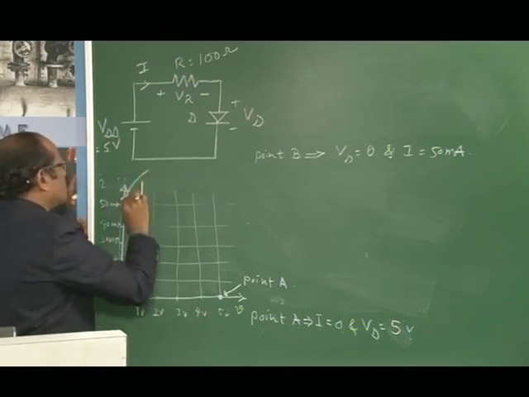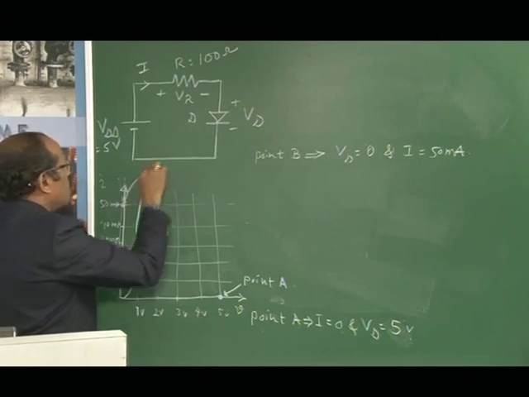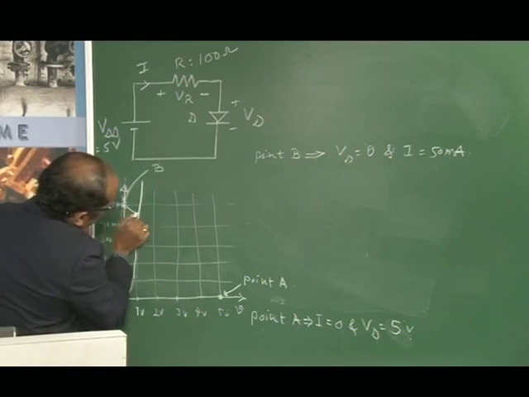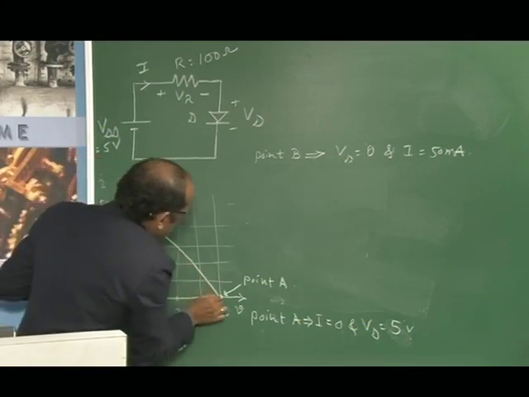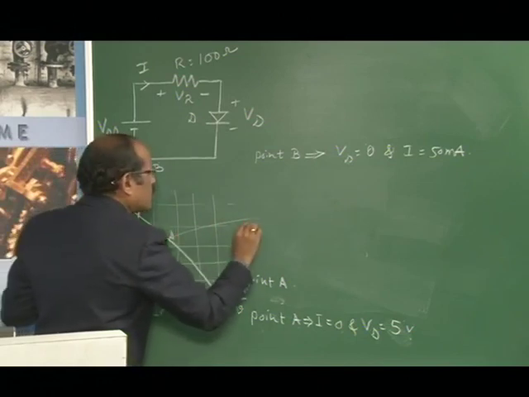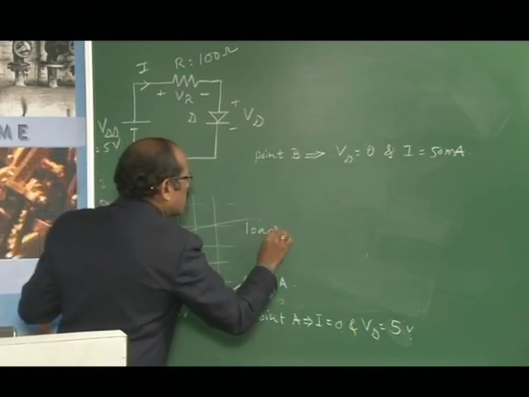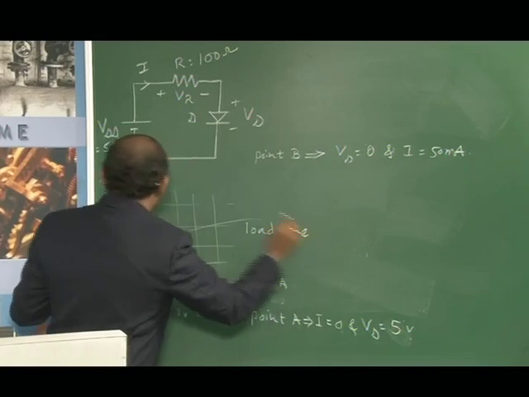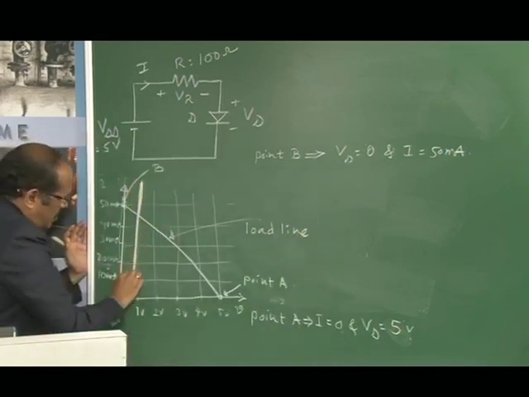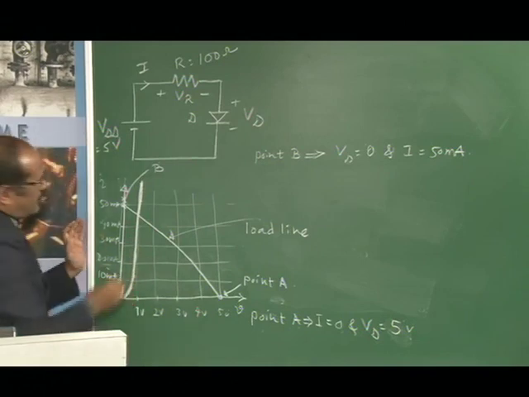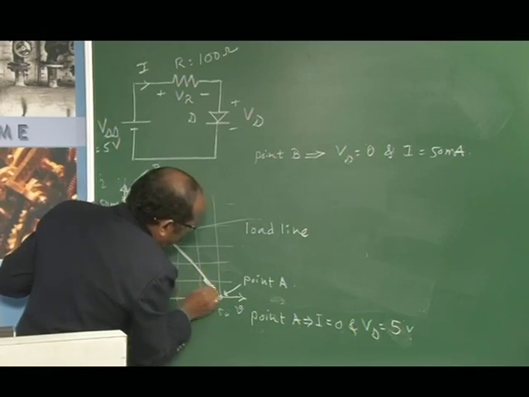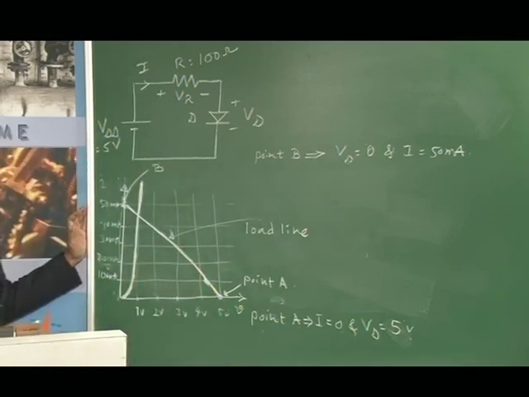This is called point B. If you draw the straight line, this is the DC load line, or you can call it the load line. This will be the VI characteristics of the semiconductor diode, whereas the straight line I have drawn represents the load line.